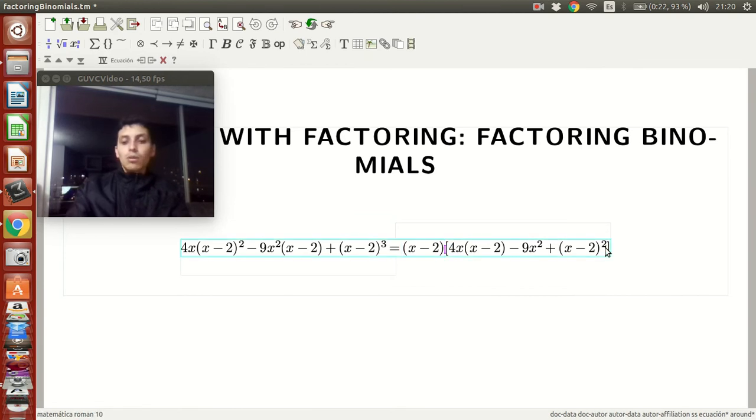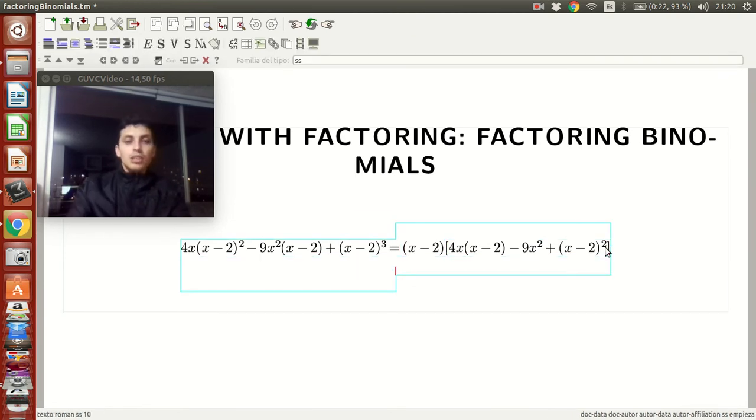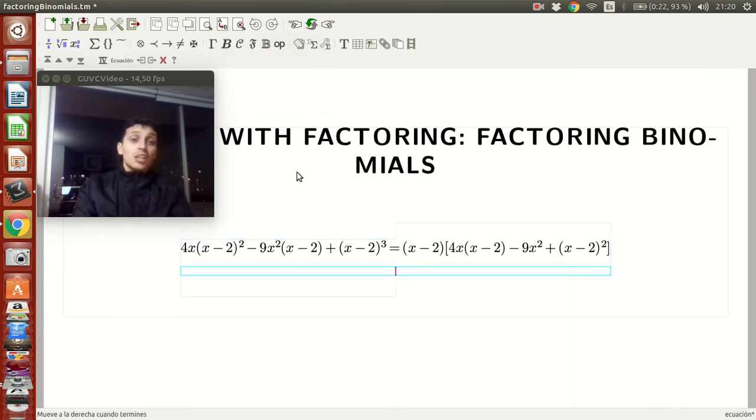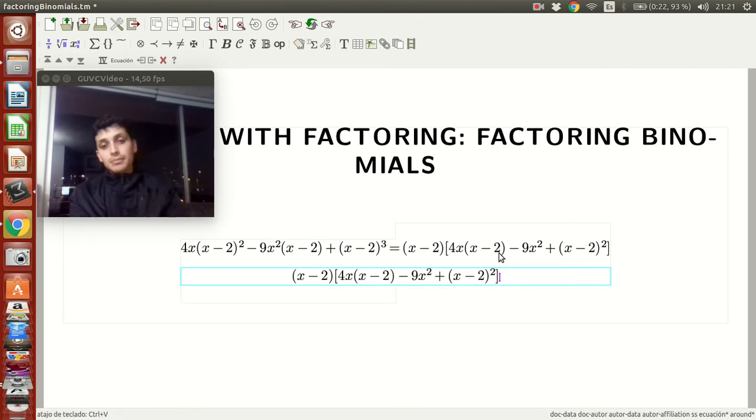Sometimes it sounds really difficult, because I just told you we're not going to simplify parentheses and now we have to simplify. Yes, but this is to find the possible factors inside the term that we have already factored. So we're going to simplify here.